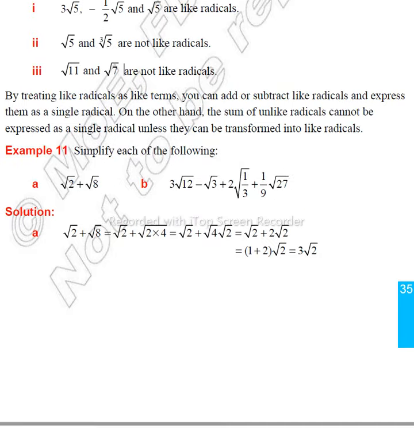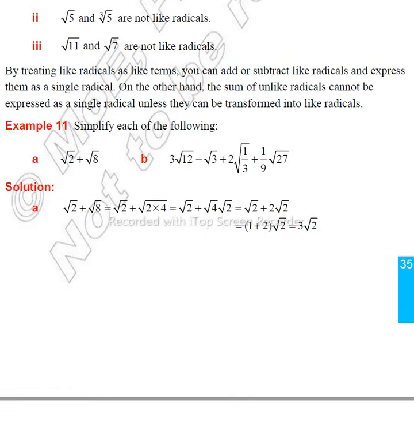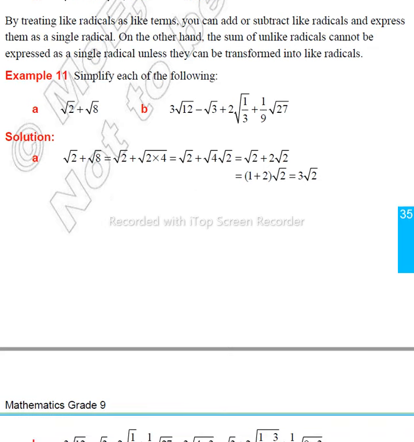Here we have another simple example. Example 11: simplify each of the following. Letter A says the square root of 2 plus the square root of 8.